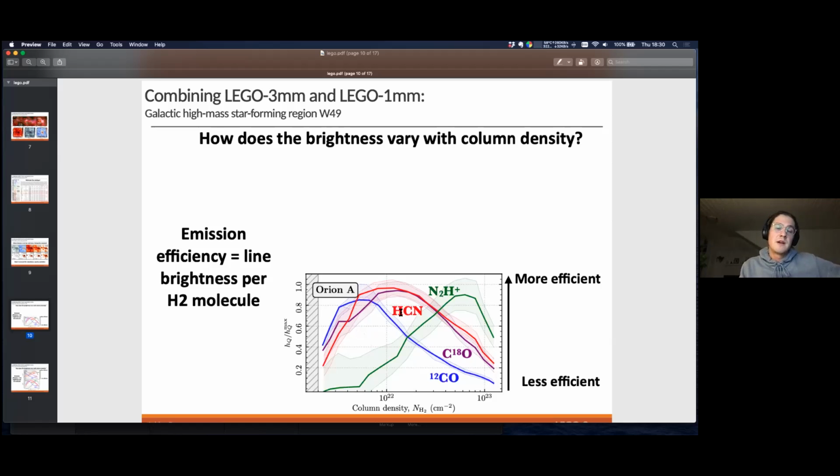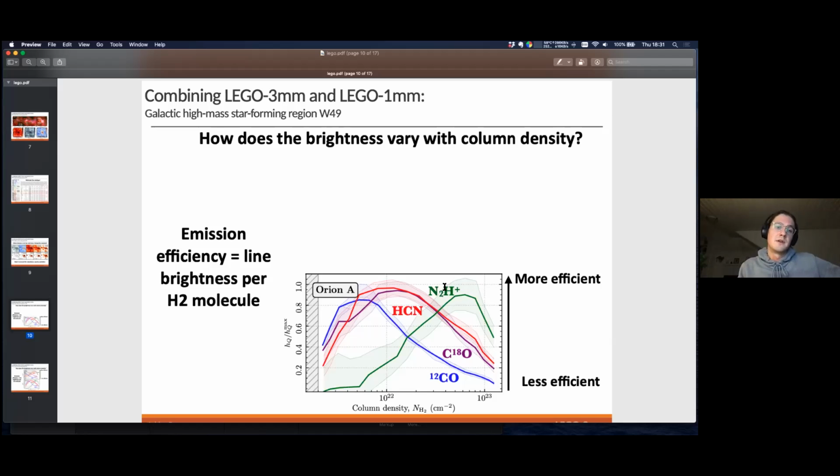And then within moderate ranges, molecules such as HCN start to emit. You can see that in the previous slide, the HCN was quite extended, showing that for the moderate column density regime, it's emitting quite brightly, efficiently, sorry. But then going to higher column densities still, you get molecules such as N2H+, which have been known for quite some time to be particularly good tracers of the high column density range.